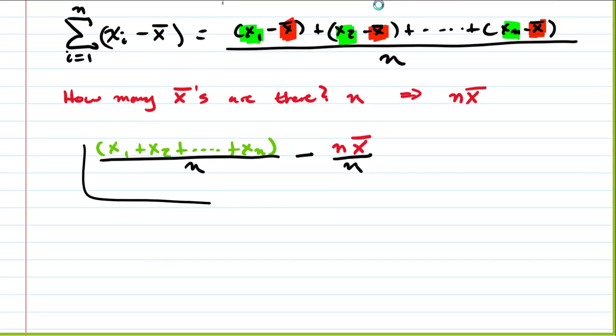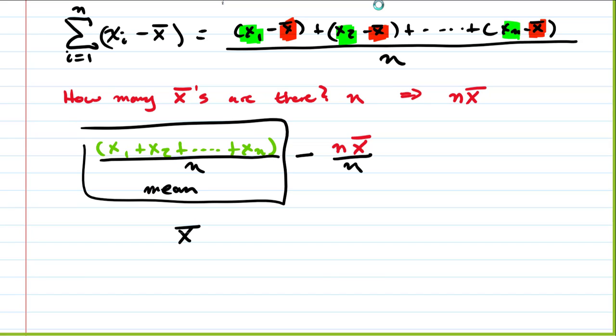What is this first term? x1 plus x2 plus dot, dot, dot, xn over n is just our formula for the mean, and the mean is equal to x bar, minus n times x bar divided by n. Those cancel out, so I get x bar minus x bar, which gives me 0.